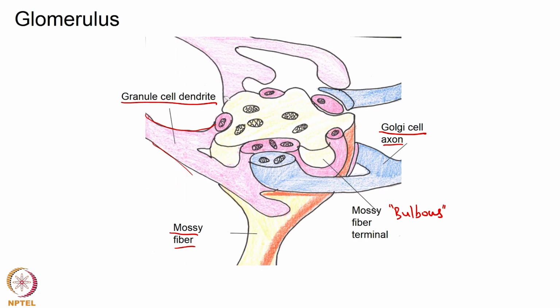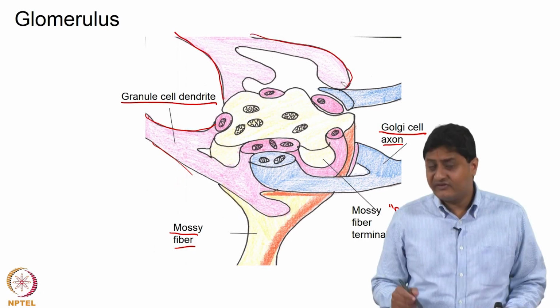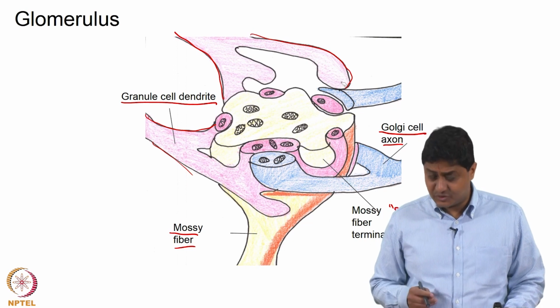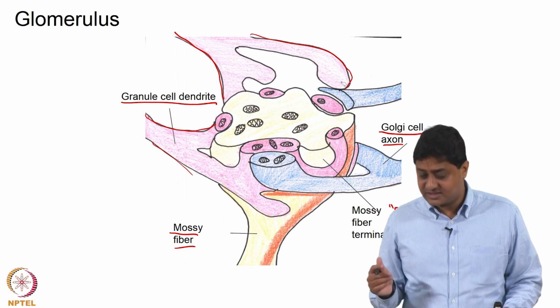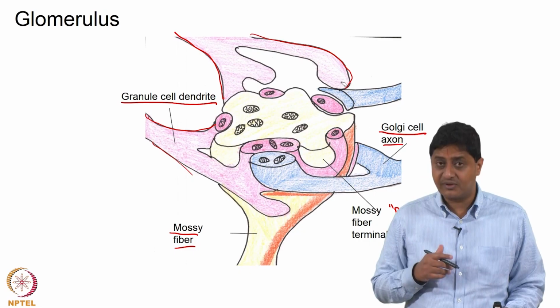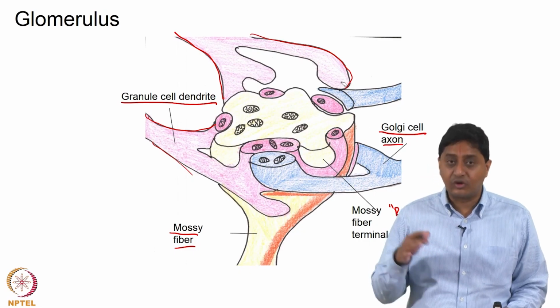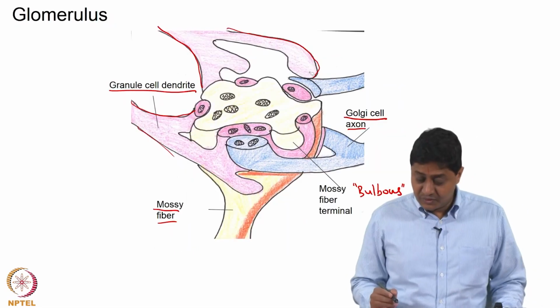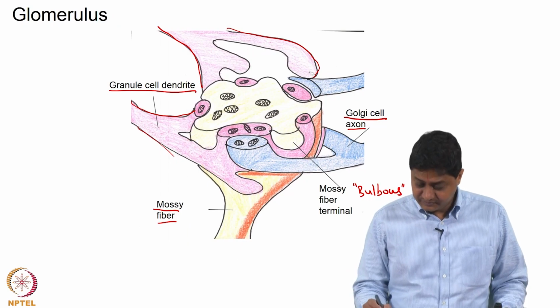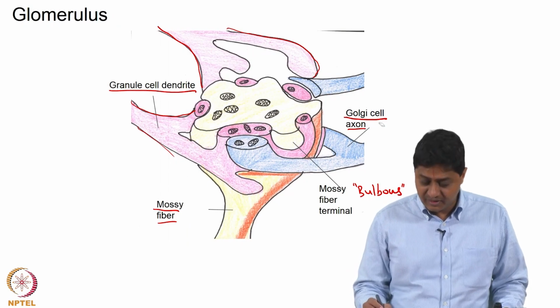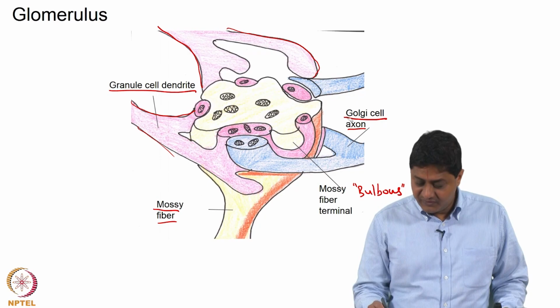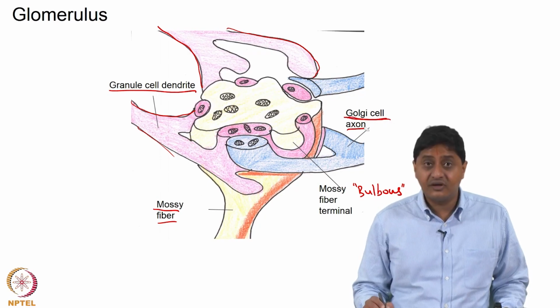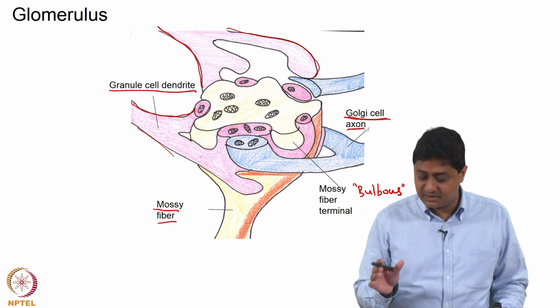These are the various dendrites from multiple granule cells, right. For simplicity, only 2 or 3 granule cells are shown. Actually, we said that the number of granule cells contacted by each mossy fiber can be of the order of several thousand. And the mossy fiber also connects with the axon of the Golgi cells, thus exciting the Golgi cells.